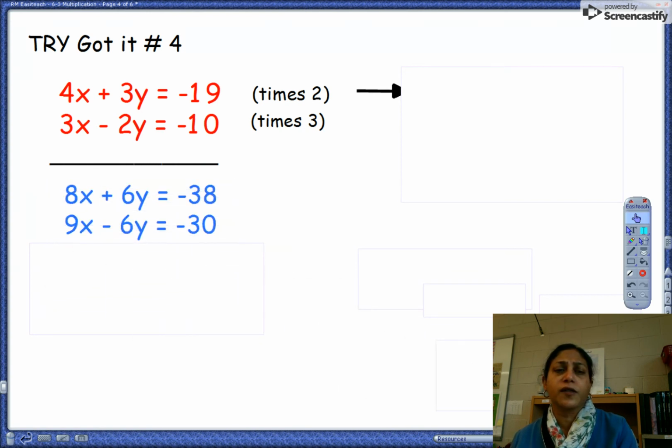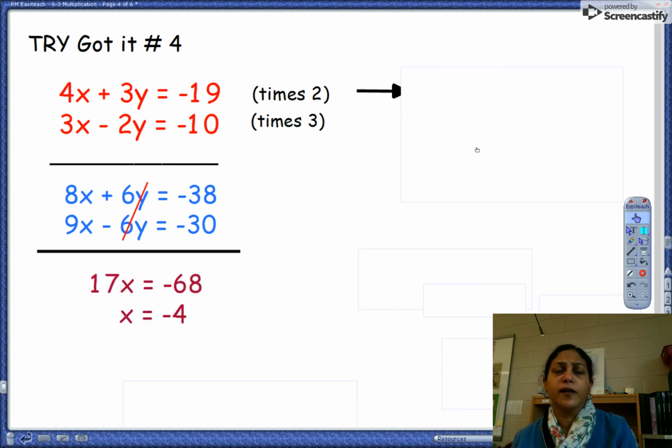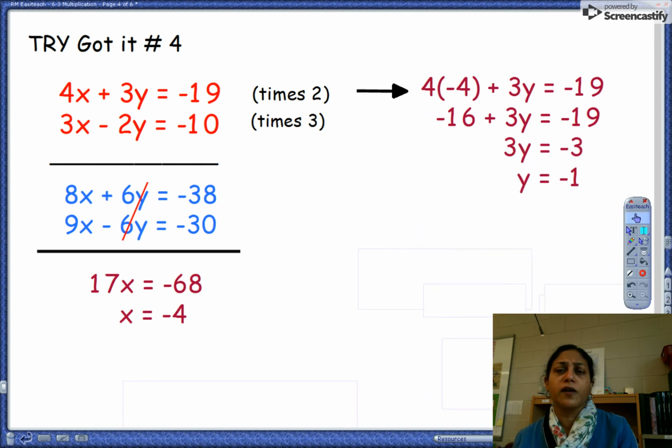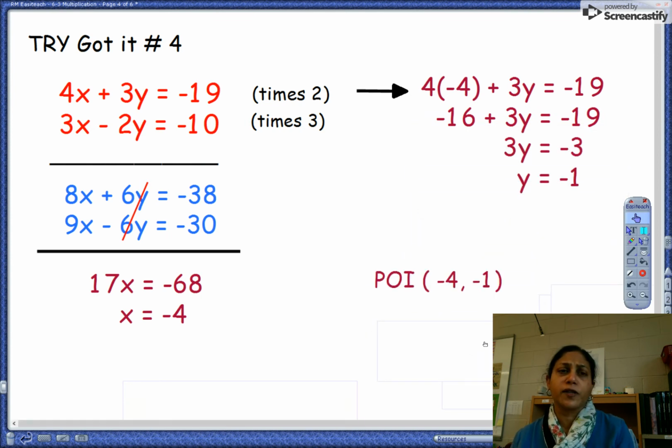This is the result of the second multiplication. The y's cancel. Put a line through, simplify, go back and substitute to get the other variable, and that is your point of intersection. Notice that in all of these questions, the x's are lined up, the y's are lined up, the equal signs are lined up.